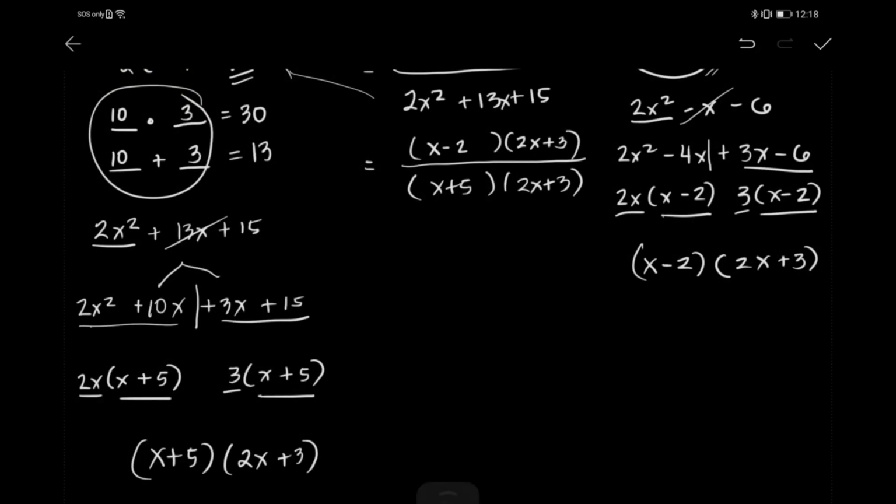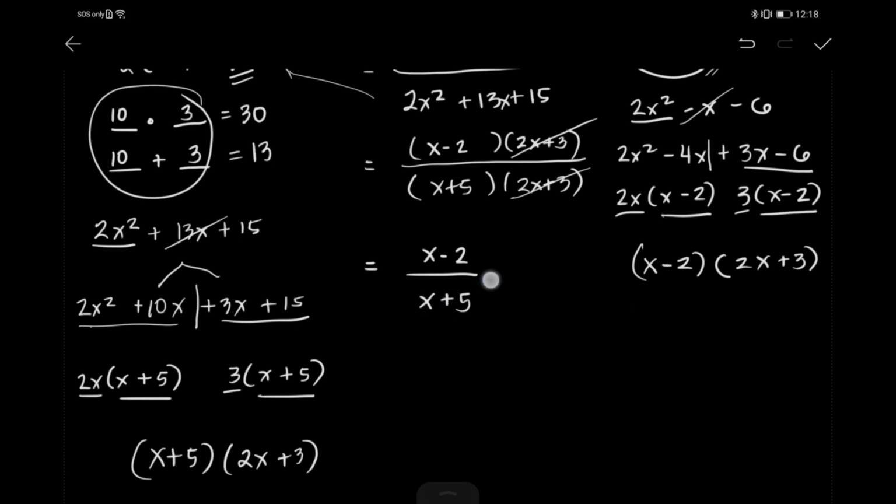In this case, we have a common factor in our numerator and denominator, which is the 2x plus 3. So cancel the common factor, 2x plus 3. We have here the remaining, which is in the form of x minus 2 all over x plus 5.